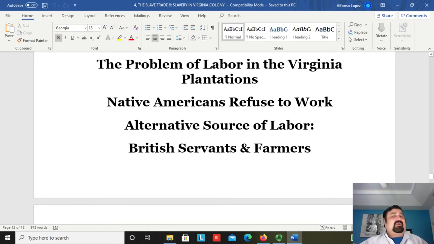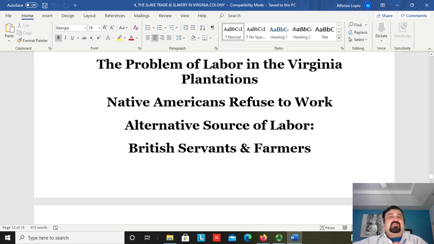Of course, there were Native Americans, and initially the idea is, well, there are Native Americans, and so Native Americans can actually grow the tobacco. Because after all, Native Americans know everything about tobacco. This plant is indigenous to America. The indigenous populations have used it for thousands of years.